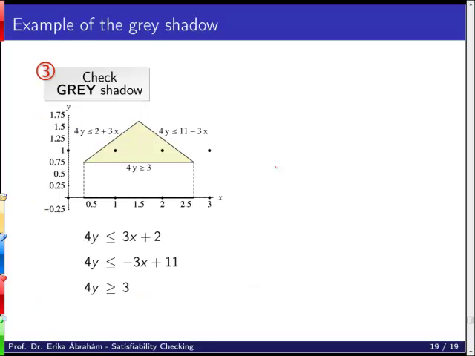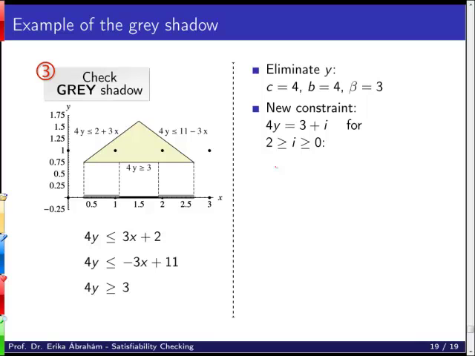An example again. So what do we have here? Again, the three inequations which we already knew. And if you look at the integer solutions, then we see there are two integer solutions inside. But these were not found by the dark shadow.